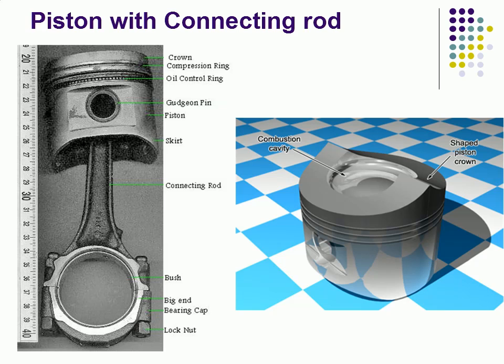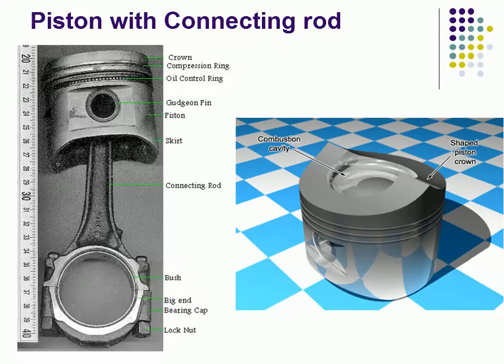The left hand side picture is of piston with the connecting rod. In this you can see the piston and the different parts of the piston. The topmost part of the piston is called crown. Then beneath the crown are the rings. On the top are the compression rings, and at the bottom is the oil control ring.